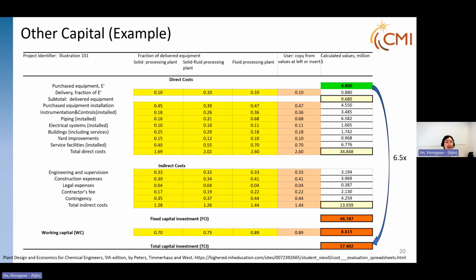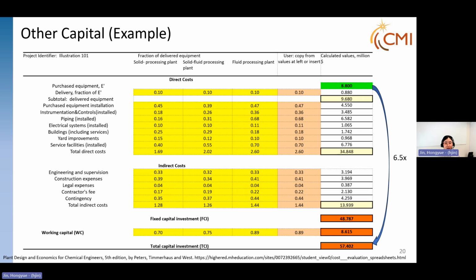If the exact amount is not available at early TRL, as we don't actually purchase them, pipe them, and install them in our facility, we can use some established factors. In this case, Peters' book factors were used. You can look into this Excel spreadsheet for more detail.